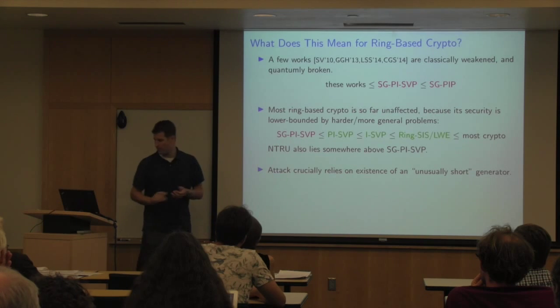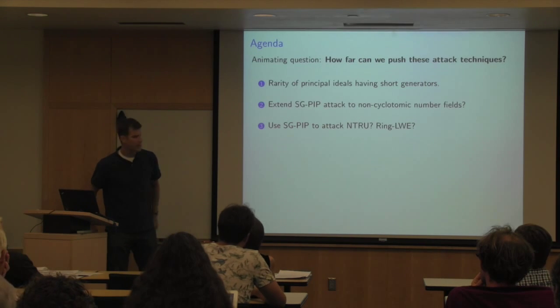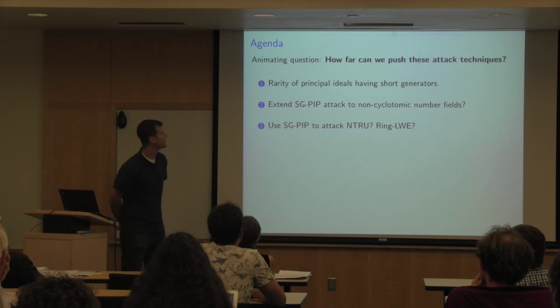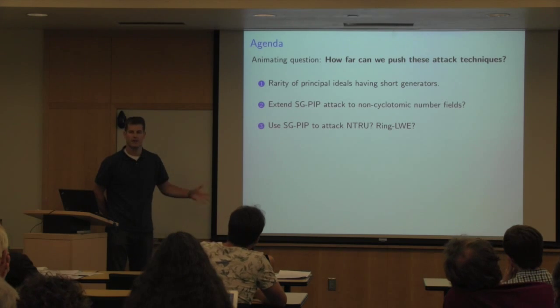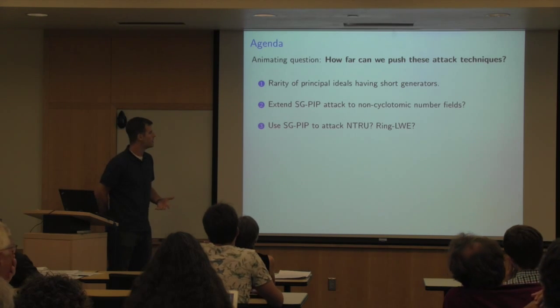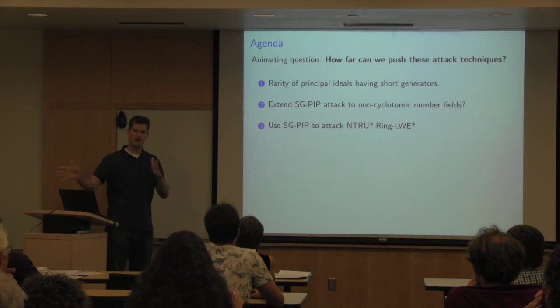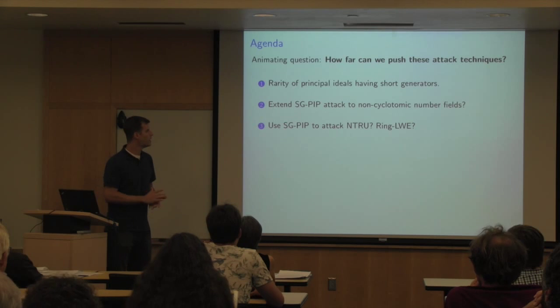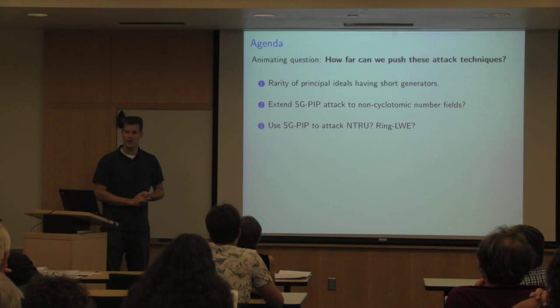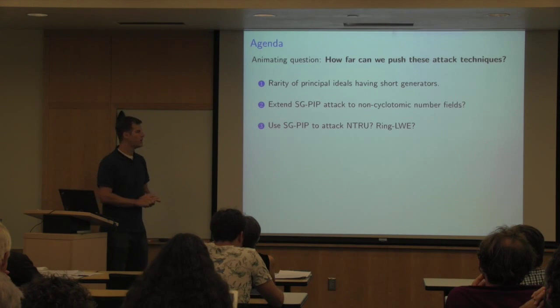So the motivating or animating question for the talk today is, how far can we push the techniques that we saw in Leo's talk? There are many directions you might imagine pushing these attack techniques to try to make them apply more generally to other scenarios.